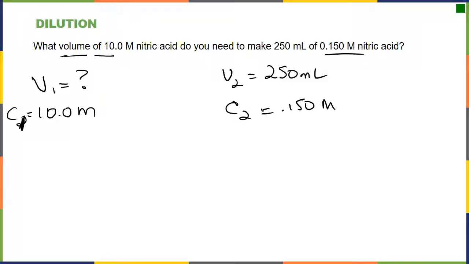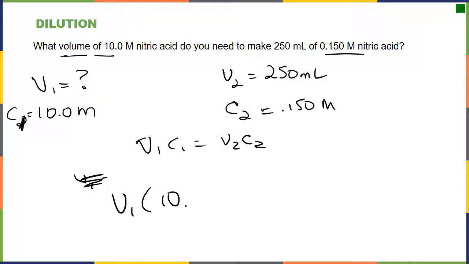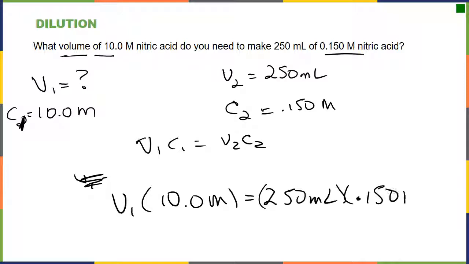So our equation here is going to be V1C1 is equal to V2C2. V1, we don't know. C1 is 10 molar, is equal to V2, 250 mils, multiplied by C2, 0.150 molar.